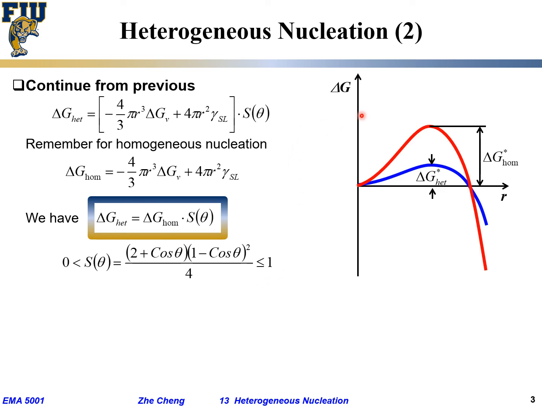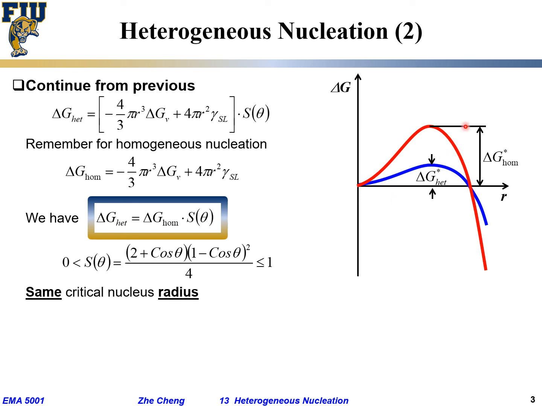As a result, if I plot delta G versus R, the red curve is for homogeneous. The highest point is the so-called critical nucleation energy or nucleation barrier. And this blue one is for heterogeneous, and it's related by this S of theta, which only depends on theta. It's just the homogeneous times the S of theta term.